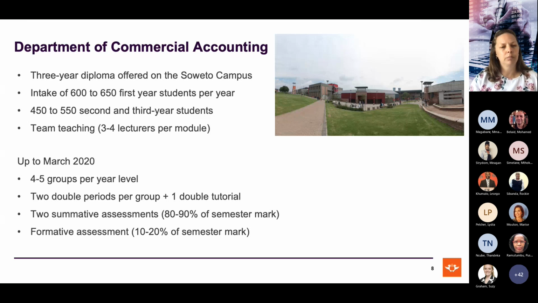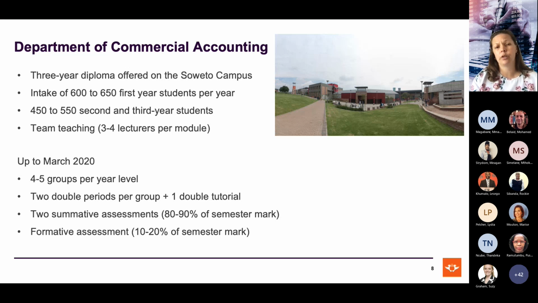So up until March last year, we had 4 to 5 groups per module. What this basically means is that because it is a diploma, and because of venue capacity and quite a few other reasons, students were split into smaller groups. So we wouldn't have 600 students in a lecture venue, but rather 150 students, and then that same lecture is repeated 4 times for everybody.